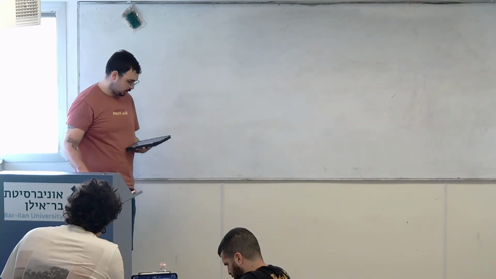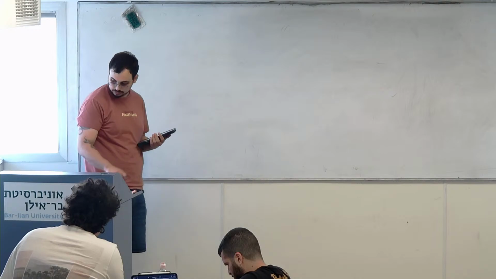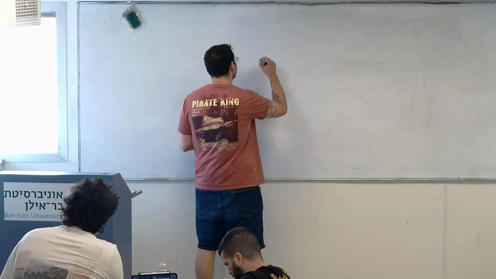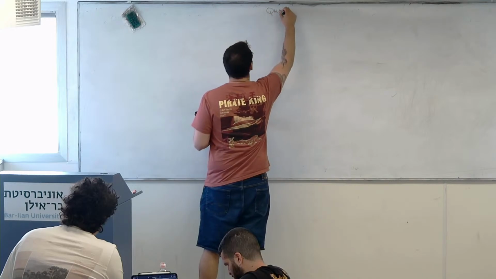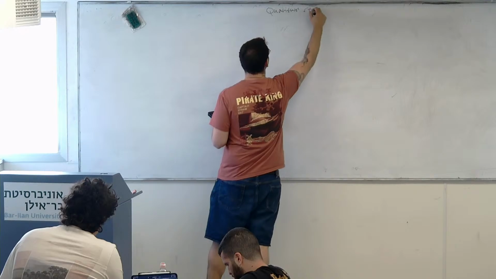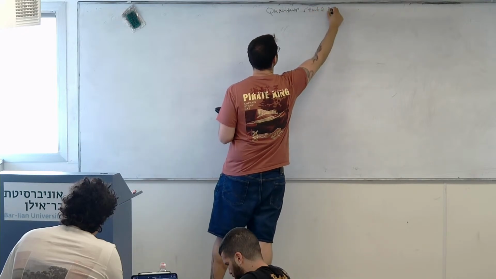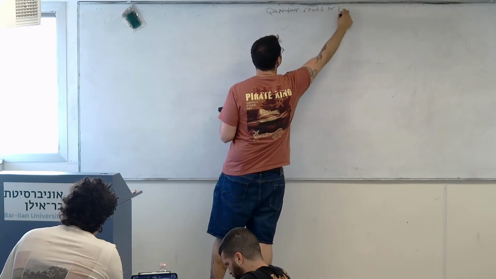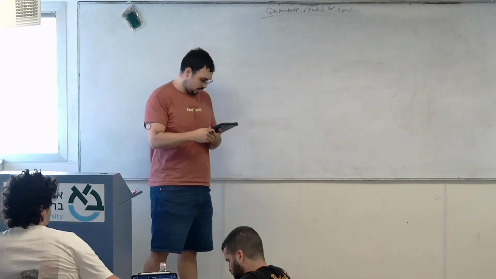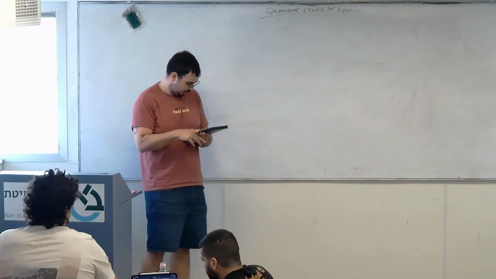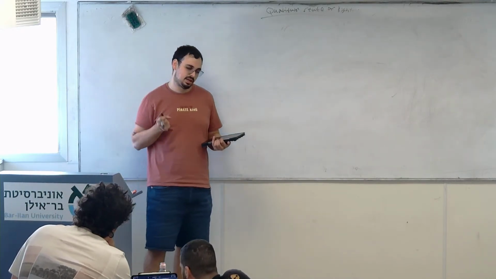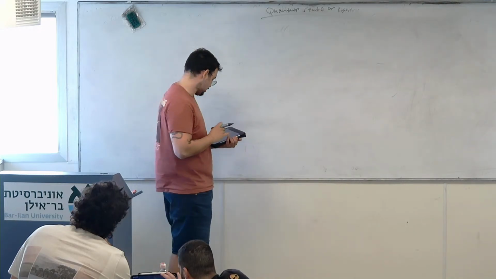Go to the next tutorial, quantum state of light. Right. In the lecture, you saw that an electric field can be displayed using the Hamiltonian.